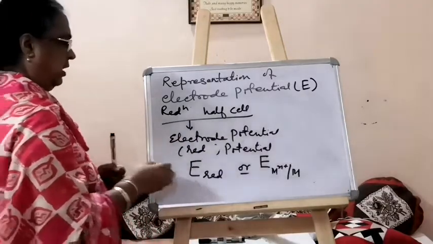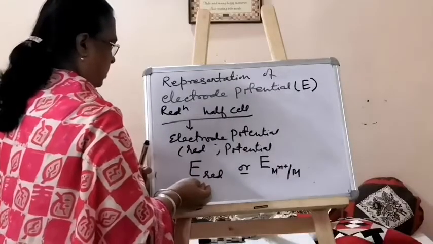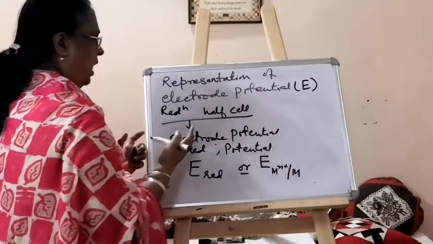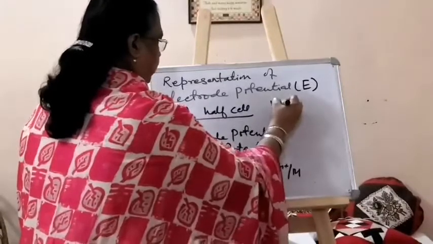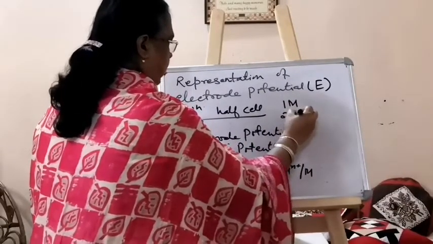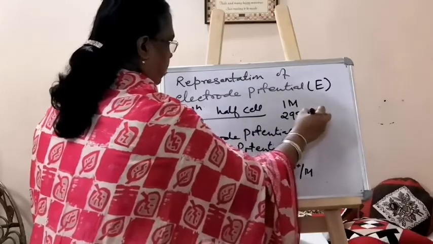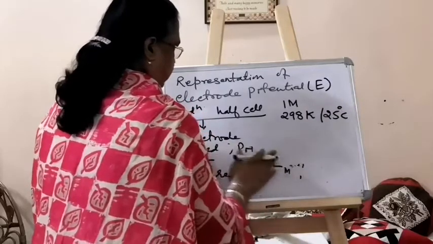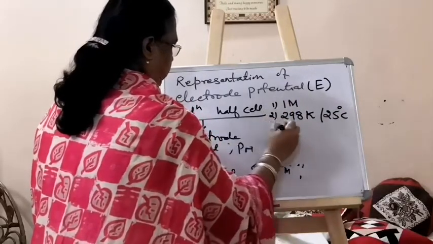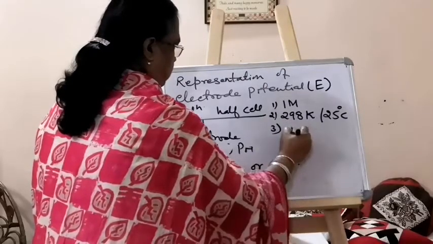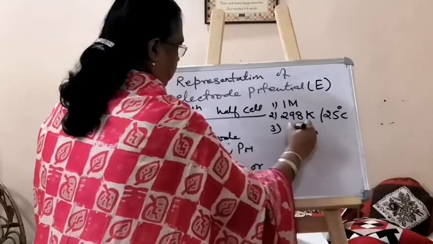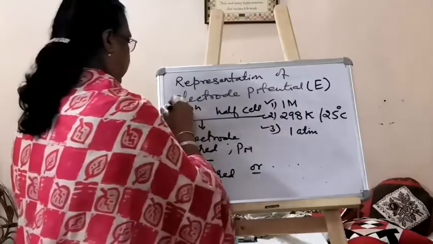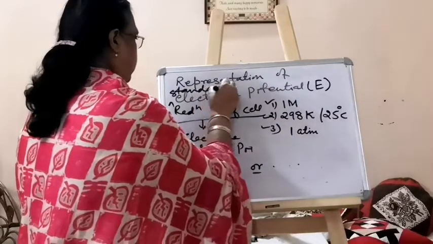The one thing you remember here, students, is that when we have a concentration of 1 molar and a temperature of 298 Kelvin, or 25 degrees Celsius, as I told you in the previous class, and if it is a gas, a pressure of 1 atmosphere, then it is indicating a standard electrode potential.